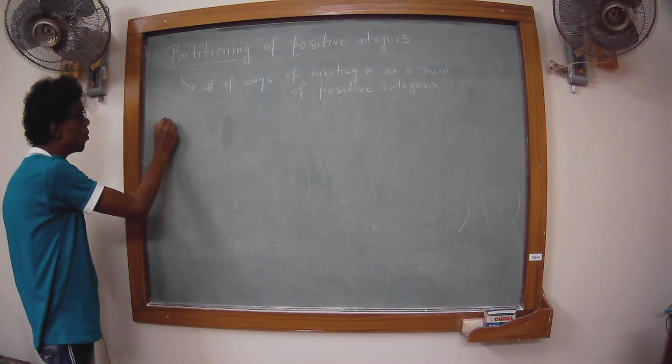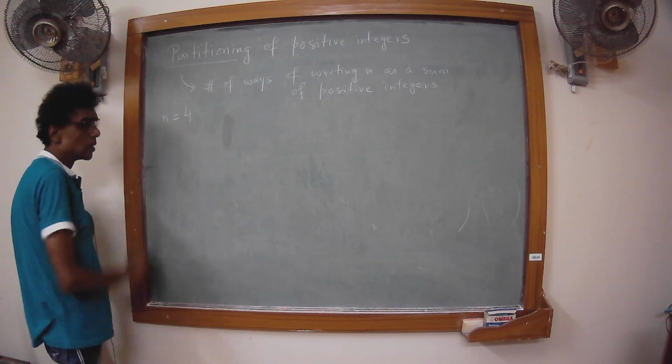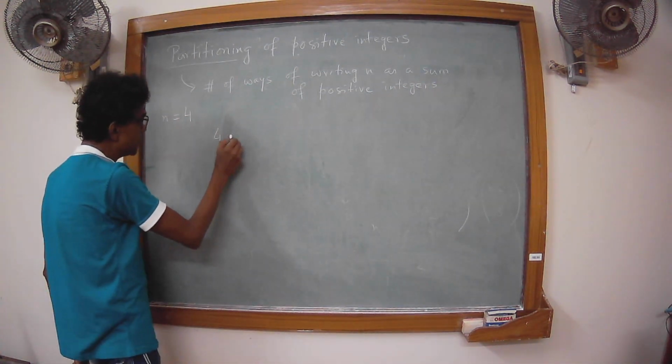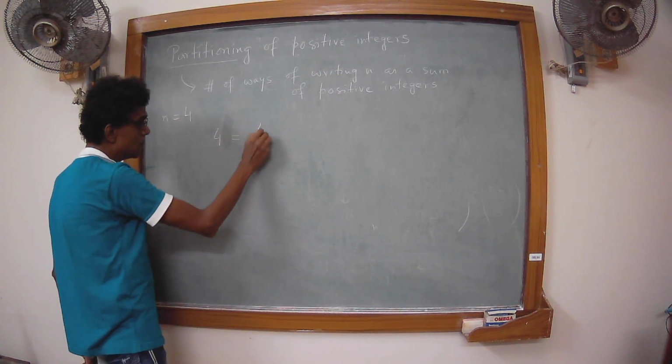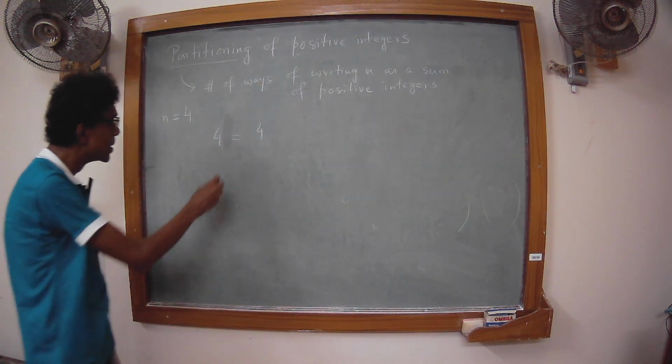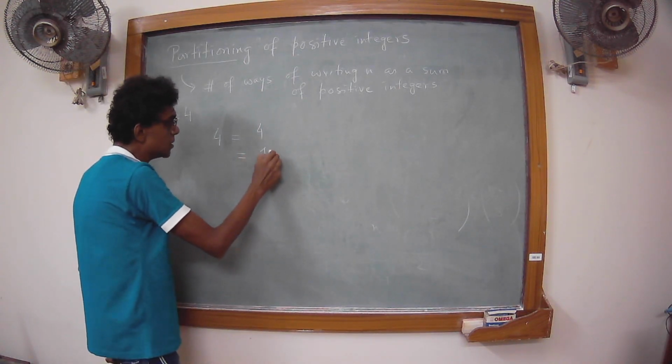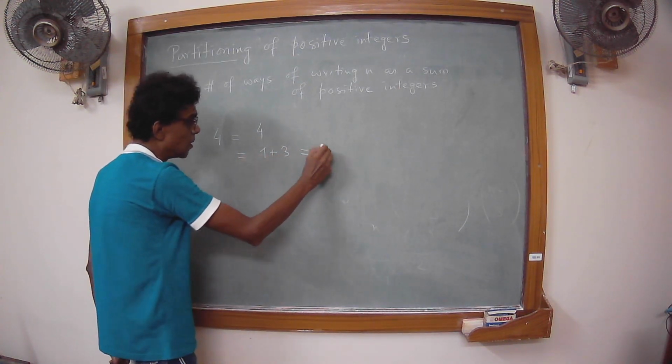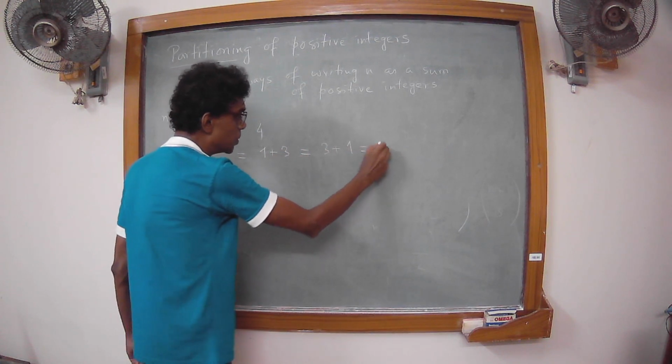Let me illustrate this by an example. Take n equal to 4. 4 can be written as just 4. This is a one-fold sum. We can write it also as 1 plus 3 or 3 plus 1 or 2 plus 2.